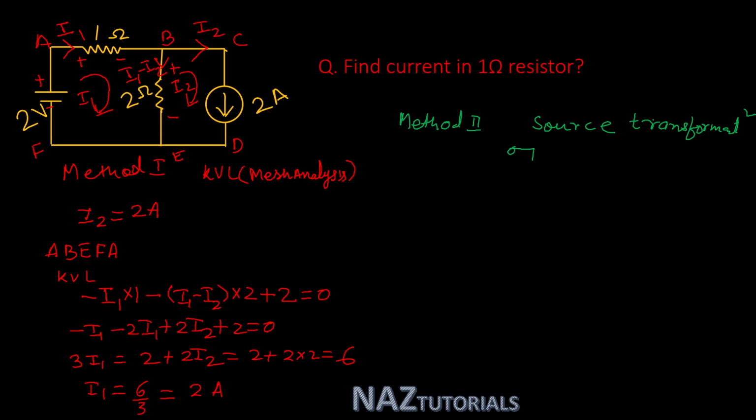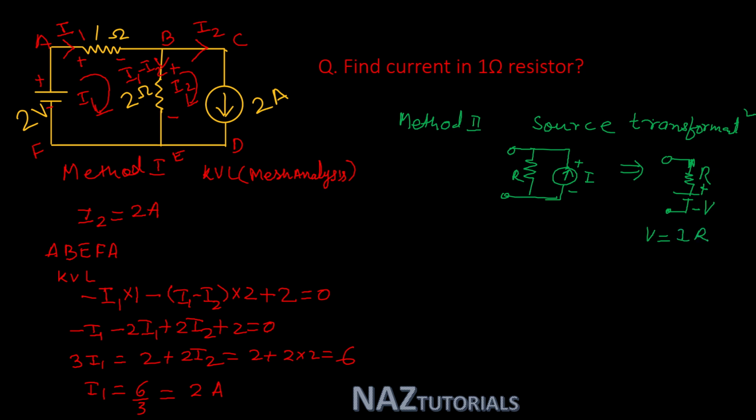For source transformation, if you see in a circuit a current source connected in parallel with resistance R, with this plus and this minus, it can be transformed into a voltage source in series with resistance R. According to the current source polarity, the voltage source has plus minus polarity like this. This voltage source V is equal to I into R.